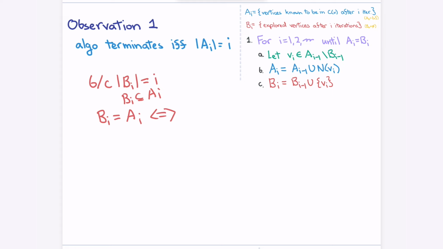So B_i is equal to A_i if and only if the size of A_i is equal to i. Just baby observations. It's not quite clear why this is useful yet, but bear with me. That's the first observation: I don't have to terminate based on B. I could have terminated just by observing the cardinality of A.